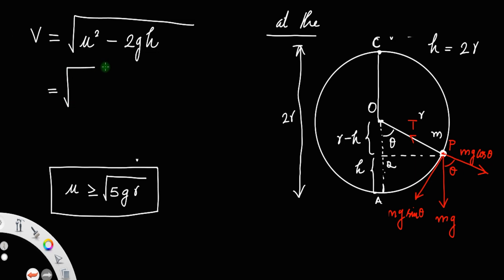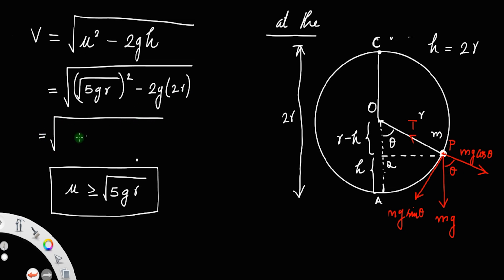Now, we know the velocity of projection is root of 5gr. So, root of 5gr minus 2g into the maximum height, which at C is 2r. So this will be root of 5gr minus 4gr, which is equal to root of gr. So the velocity at the maximum height C is root of gr. Clear?